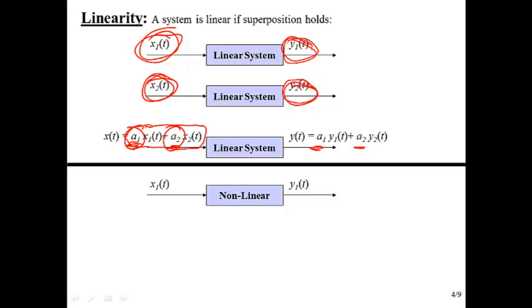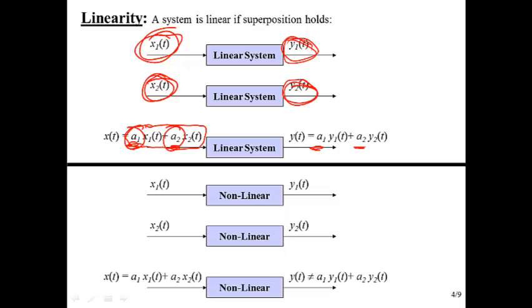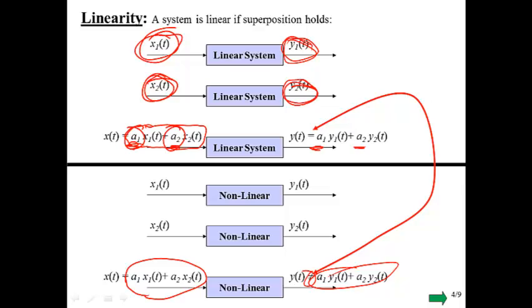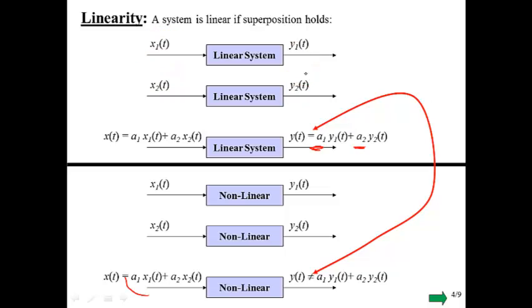However, to show something is nonlinear, all we need to do is come up with one counterexample. Here's an x1 with its corresponding output. Here's an x2 with its corresponding output. And if I do a linear combination of those two inputs, I do not get a linear combination of the two outputs. So that's the distinction between a linear and a nonlinear system.